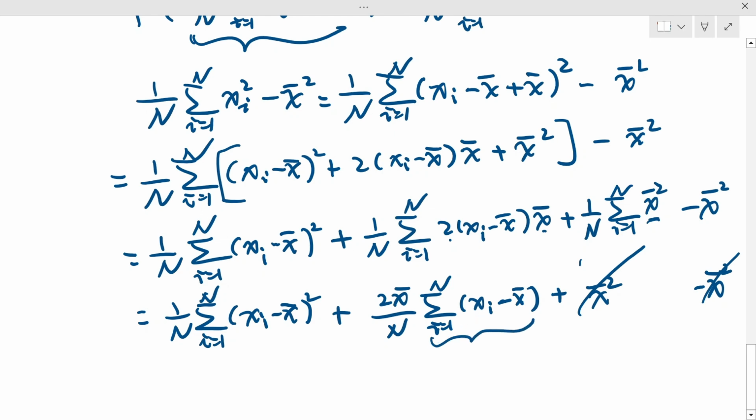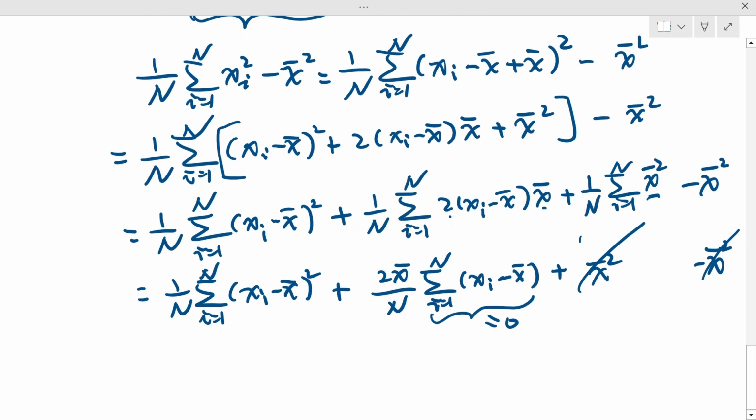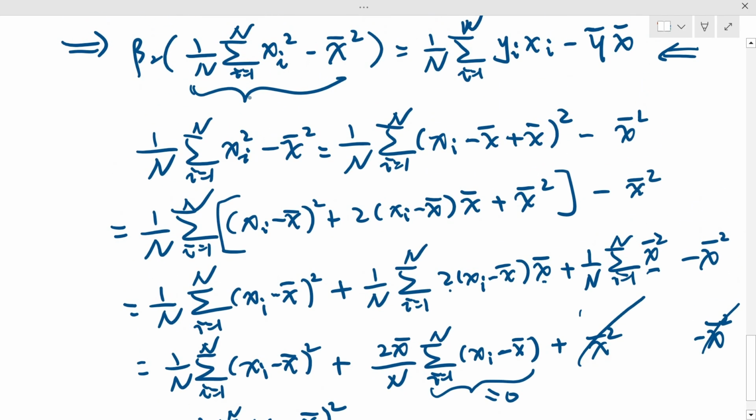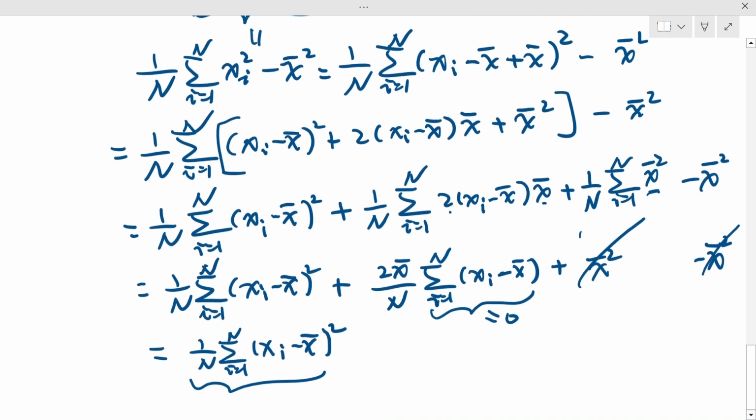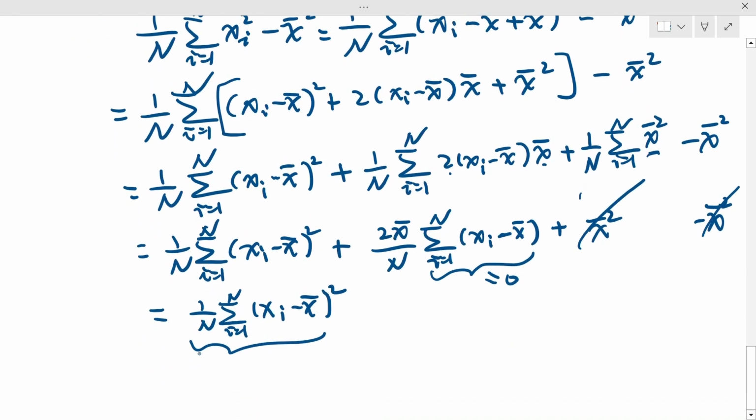Okay, these terms previously we saw that this is equal to 0, so this term disappears. So here we only have this n times the sum of xi minus x bar squared, these terms. So this term is actually equal to this term.